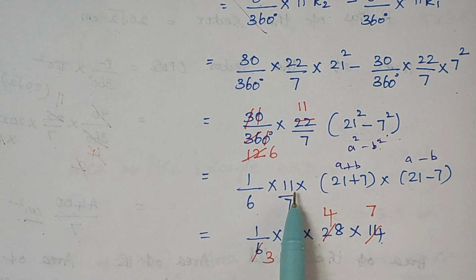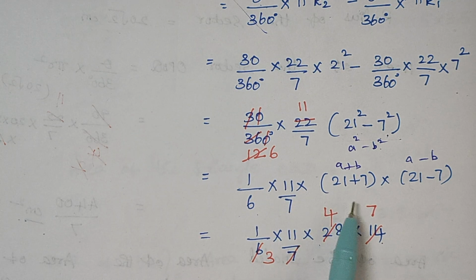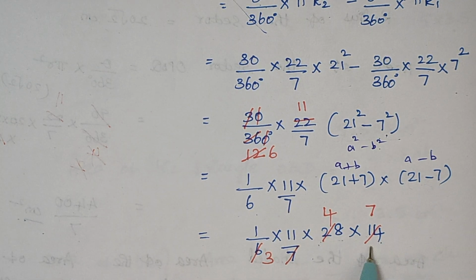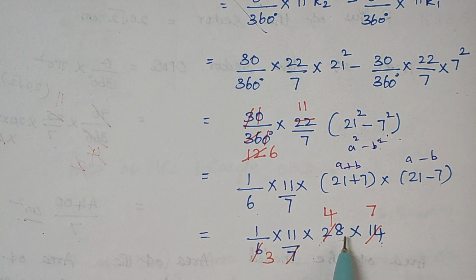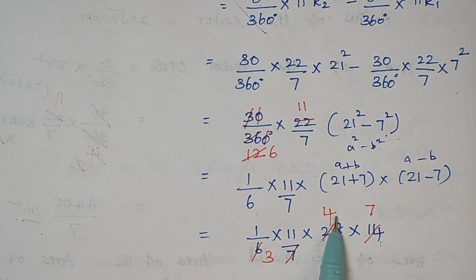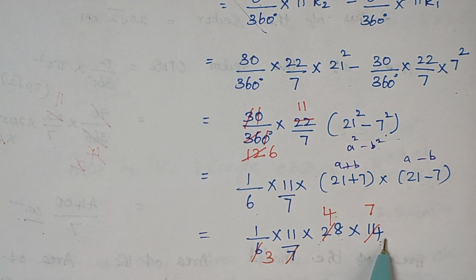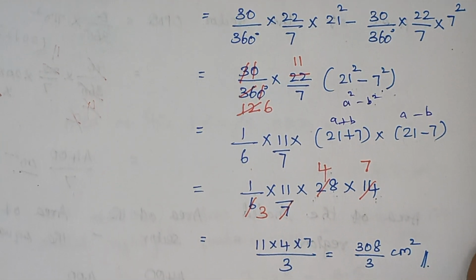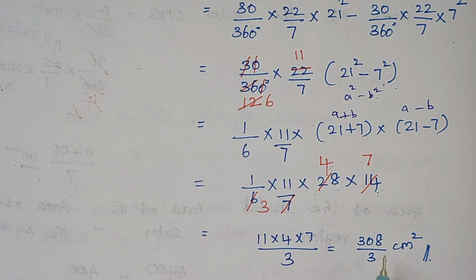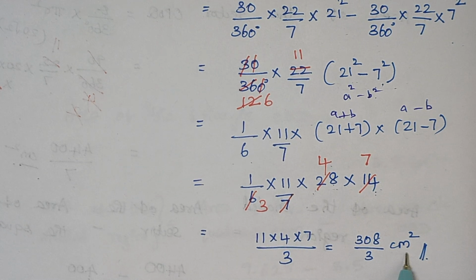So 1 by 6 into 11 by 7 into 28 and 21 minus 7 gives 14, and again we can cancel the common terms. 7 and 28 cancel by 4 times, and 6 and 14 cancel by 2. Finally, I end up with the answer as 308 by 3 centimeter square.